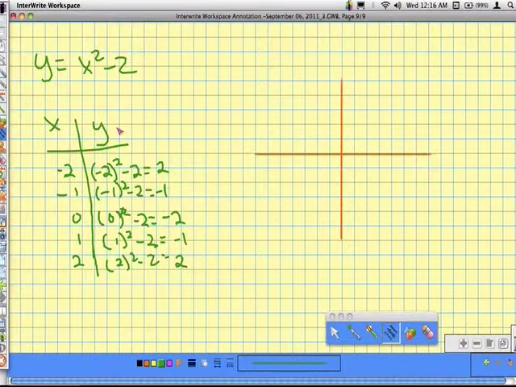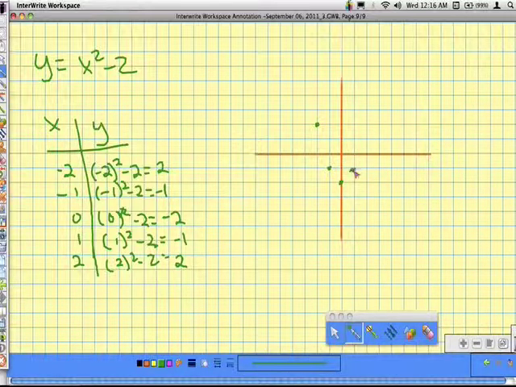Negative 2, 2. So 2 to the left, 2 up. There's a point. Negative 1, negative 1. So 1 to the left and 1 down. 0, negative 2. So now I'm right here. 1, negative 1. Right there. And 2, 2. Right there.